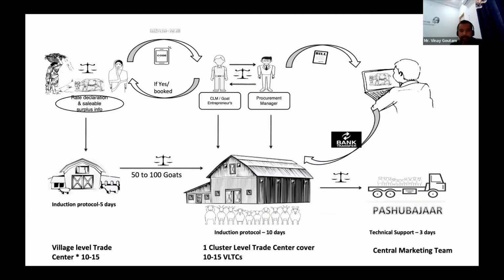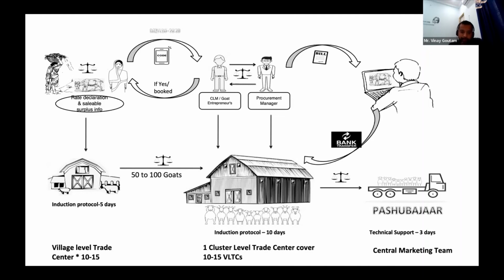Okay. Then when the CLM qualifies, they inform the Pashu Sakhi, yes, you can book, we have the surplus order. Then these goats are shifted to the village level trade center. The village level trade center has the capacity of 10 to 20 goats at a particular time.